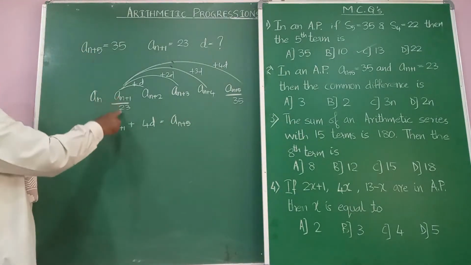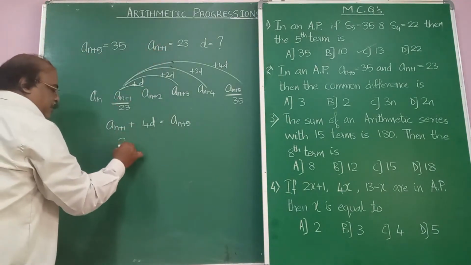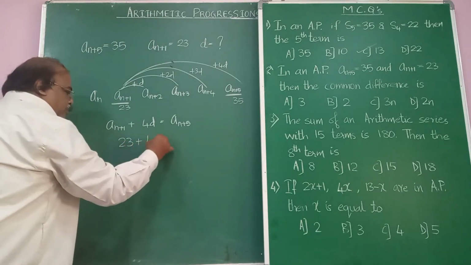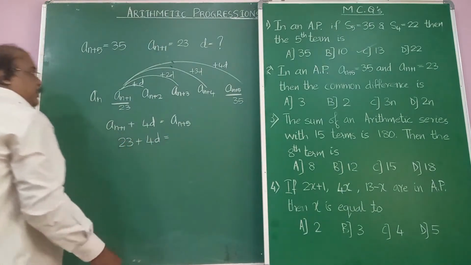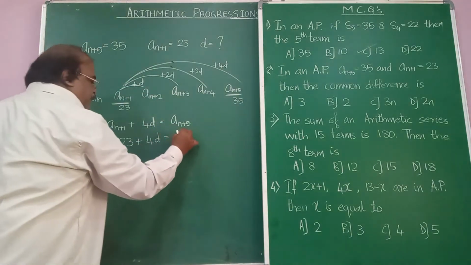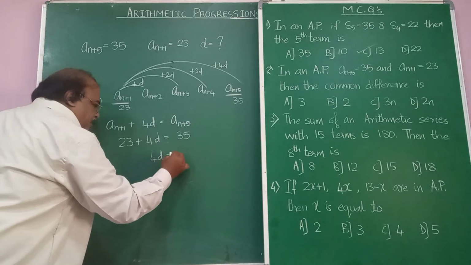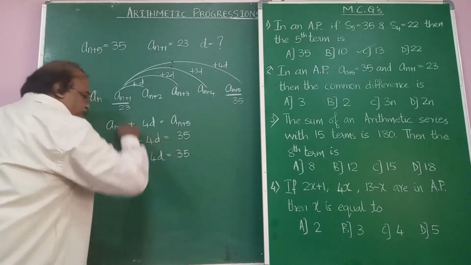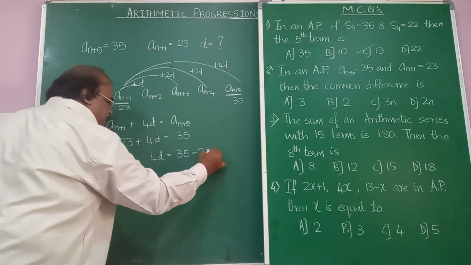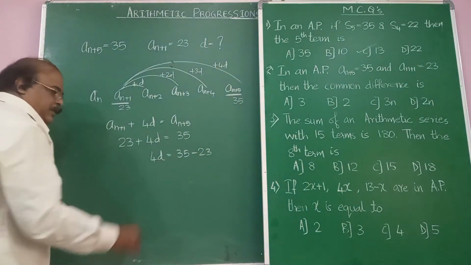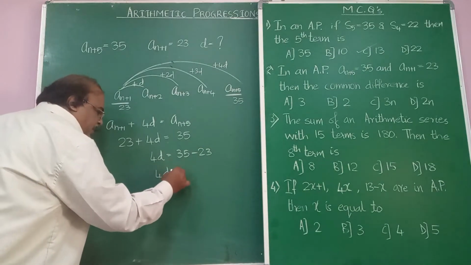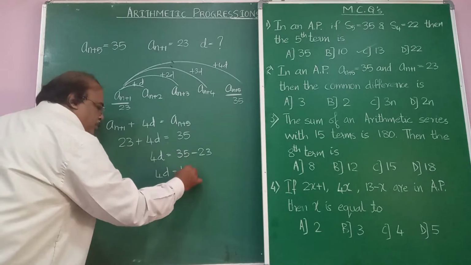The value of a of n plus 1 is 23 plus 4d. The value of a of n plus 5 is 35. So I know that 4d is 35 minus 23. So you get 4d is equal to 12.